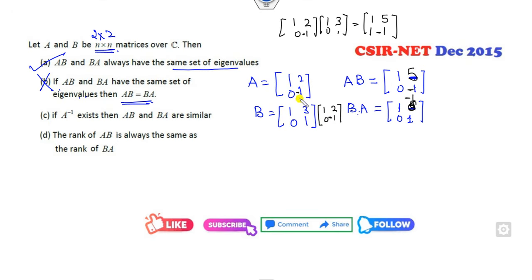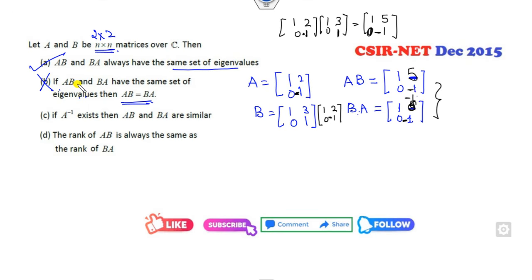Yes, this is it. If I simply take A as minus 1, B, this is minus 1, this is plus 1. So this will be 1, 3 plus 2, 5, 0 and minus 1. And if I take B into A, 1, 2 minus 3 is minus 1, 0, 0 and minus 1. Yes, you can see the eigenvalues are the same, minus 1, but the matrices are not the same.